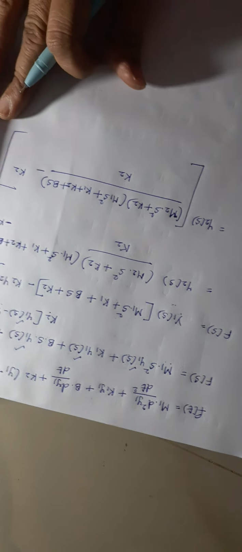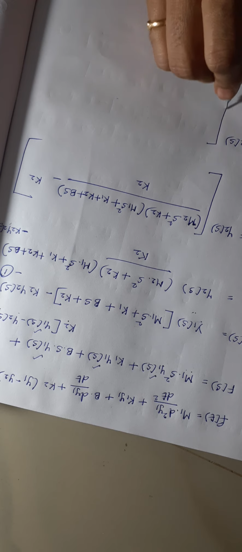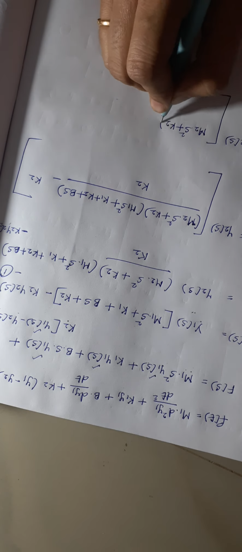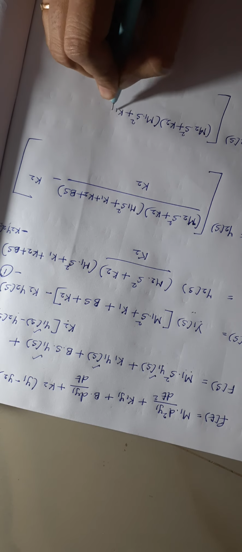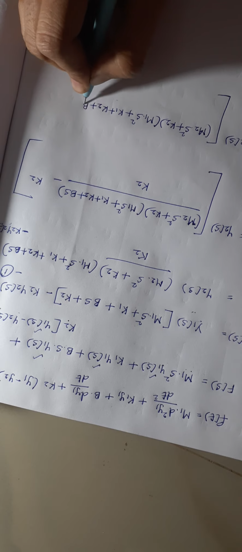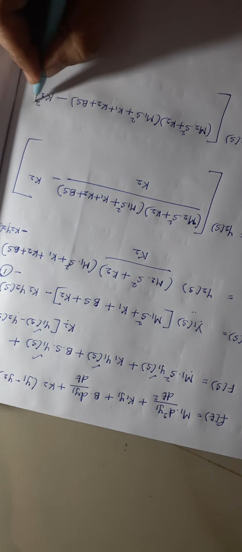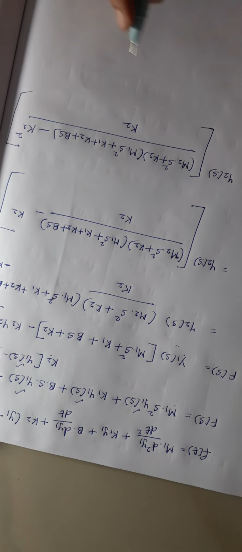When you take the LCM, this expression gets reduced to m2 s square plus k2, m1 s square plus k1 plus k2 plus bs minus k2 into k2, which becomes k2 square, and this entire expression will be divided by k2, right?